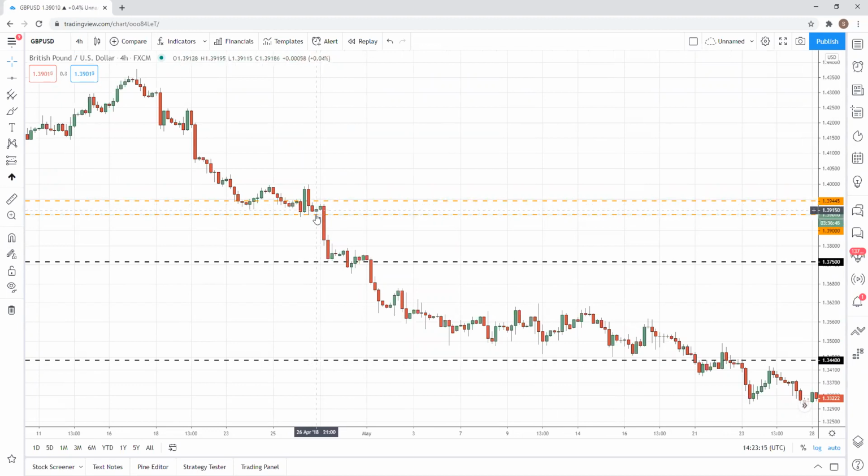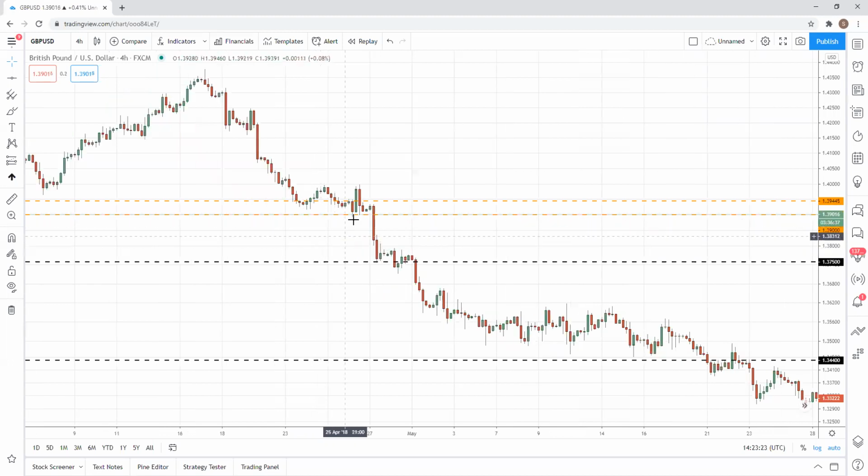Okay, so here it is, as you can see. And the drop down, at least from what we can see from this 4H time frame, if the price will break out this level, we probably will see the price go all the way to the next available supply. That's probably somewhere here.